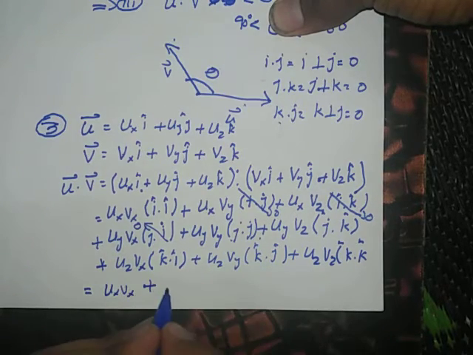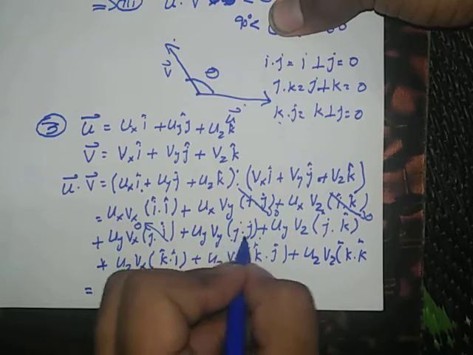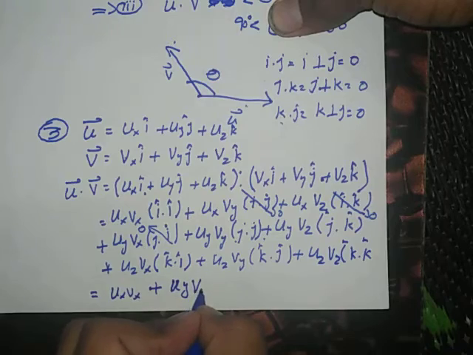J dot j is equal to 1 because both vectors are parallel, so we get uy vy.